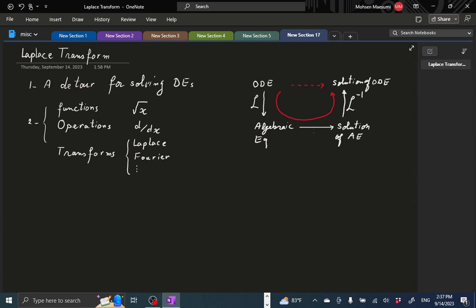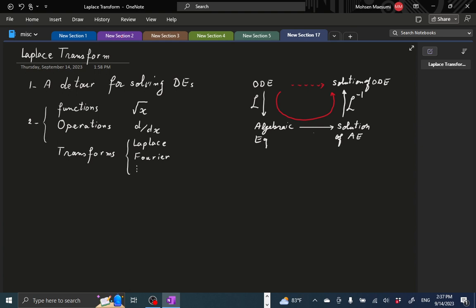Next level up here is the concept of transforms. Transforms, like operations, they take a function in and produce another function of another variable out. So in differentiation, you start with, say, x cubed, you get 3x squared.